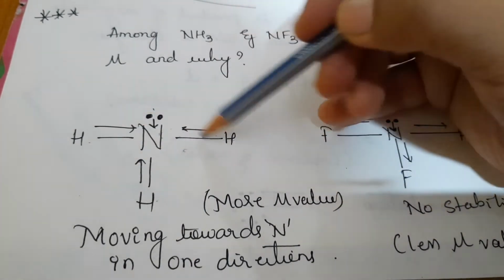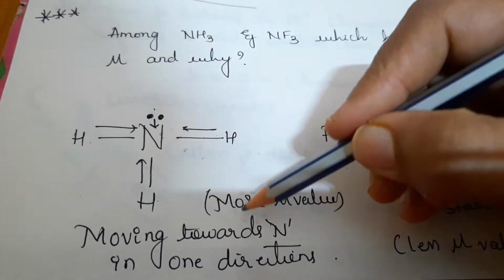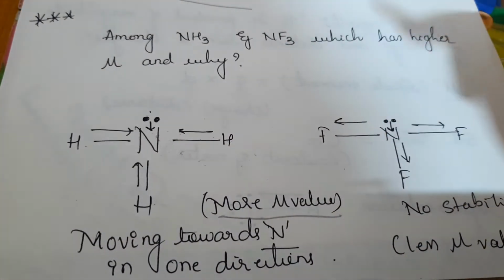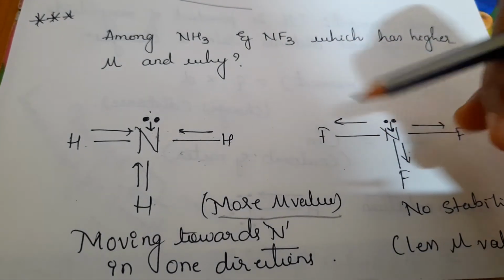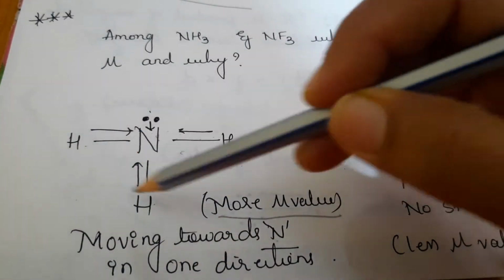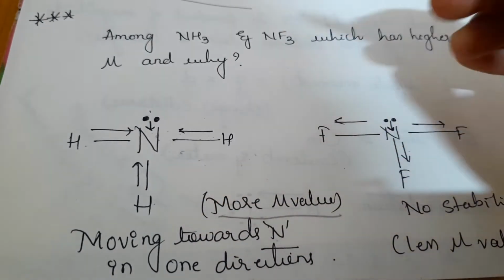Hence this molecule will show a higher dipole moment value. A higher dipole moment value will be shown by ammonia than NF3, because electrons are moving towards the nitrogen, that is, all in one same direction.